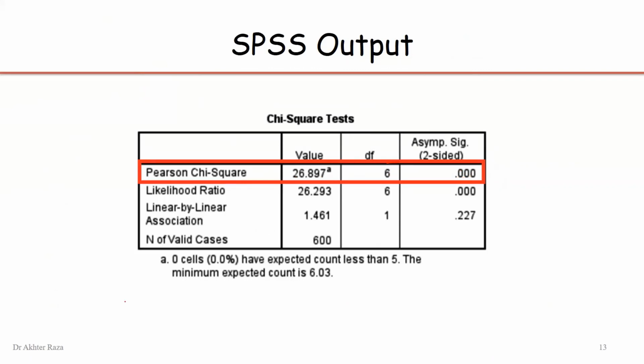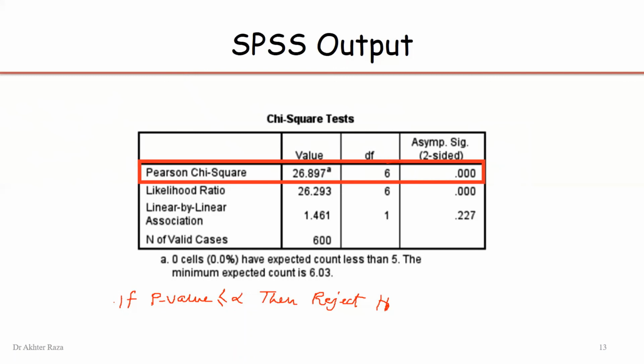The probability p-value is 0.000. If the p-value is less than or equal to alpha, then reject H naught. In this case, the p-value is 0.000, therefore the null hypothesis is rejected.